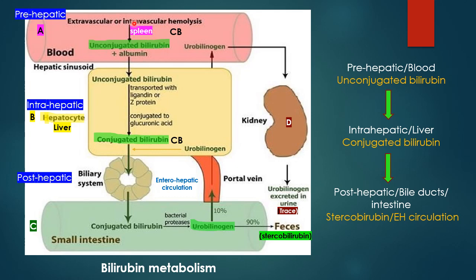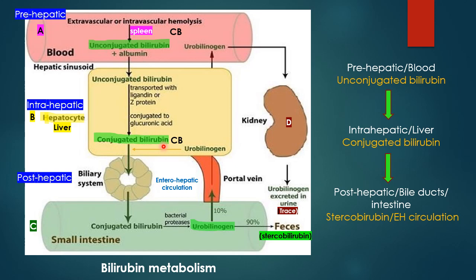in particular the spleen. Unconjugated bilirubin, which is released, being non-water soluble, has to be complexed with albumin to be carried to the liver, where it enters the hepatic sinusoids and then into the liver cells or hepatocytes, where it is conjugated with glucuronic acid to conjugated bilirubin.